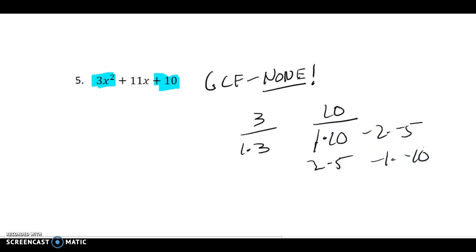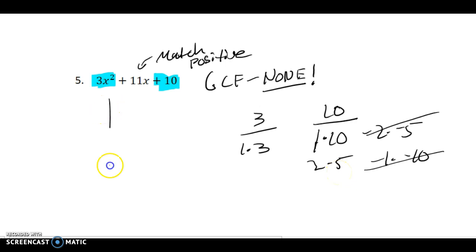Those are all the ways to get those. And then we're going to put them in our chart, and I'll show you that here in a sec. One thing to note is we're going to match a positive. Okay, so I know already that these negative ones won't be used. And this is 10, so I'm pretty sure it's going to be 2 times 5, but let's try it.